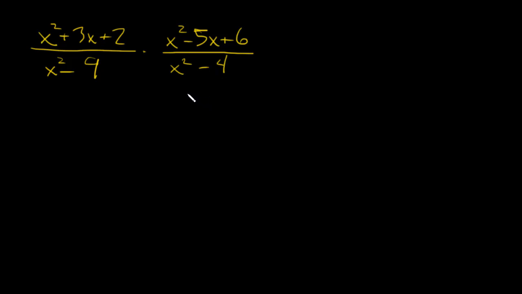And we'll see how this goes. Alrighty, so before I can do anything, I need to factor each one of the tops and bottoms so that I can see which things I can cancel.